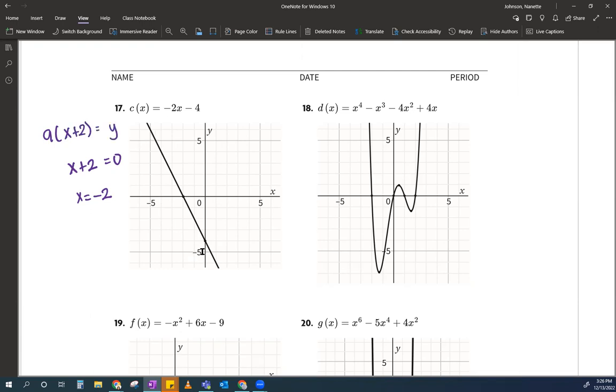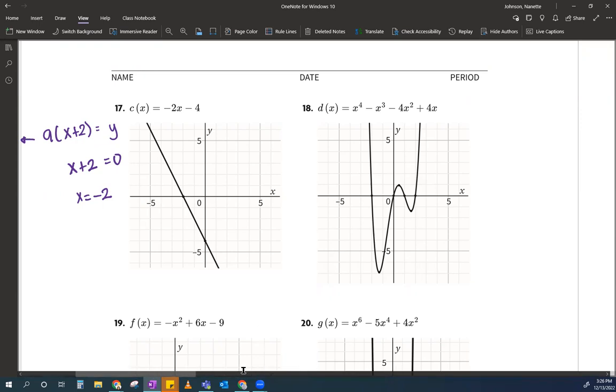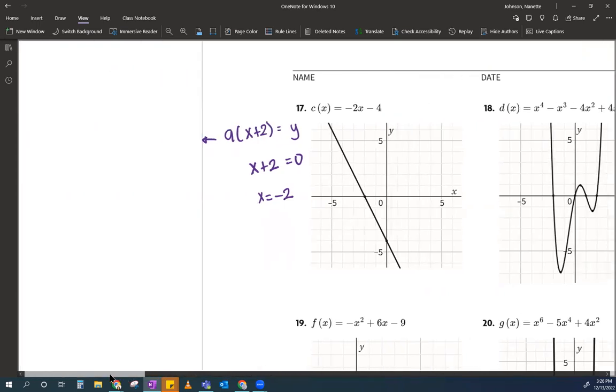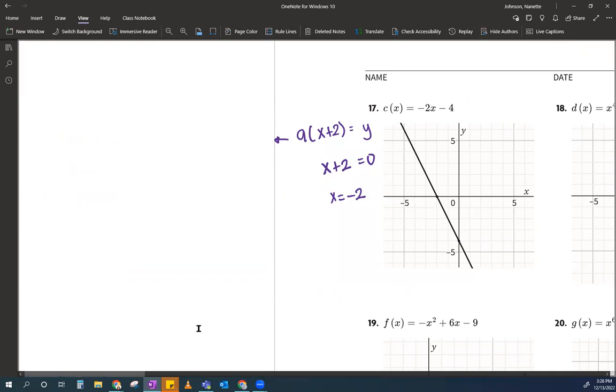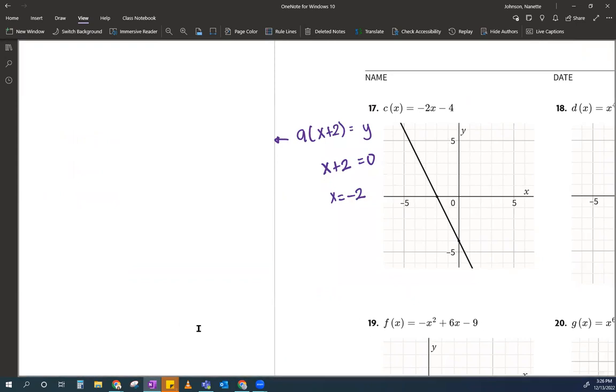And then I'd figure out, if I plug in 0, so here, let me go just to the direct left. If I plug in 0, the intercept is 0, -5. And if I plug in 0, so I go A parentheses plus 2 parentheses equals y, right?